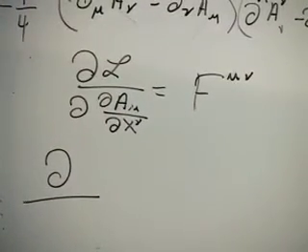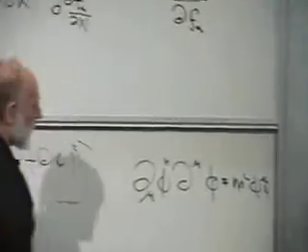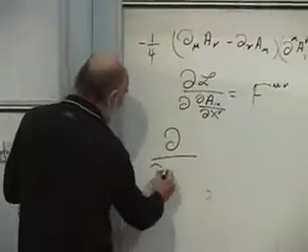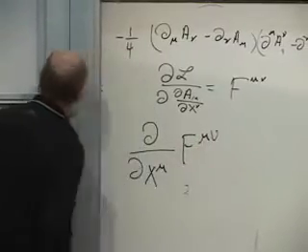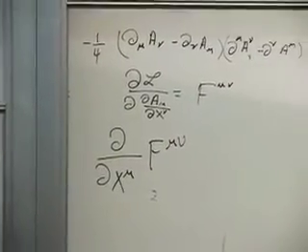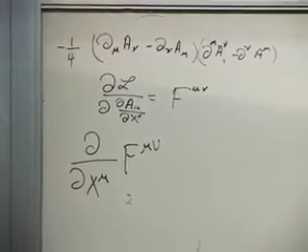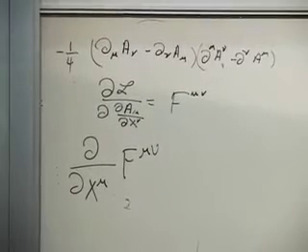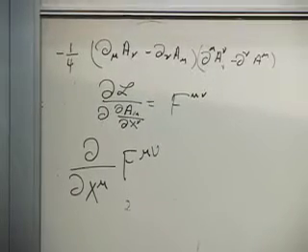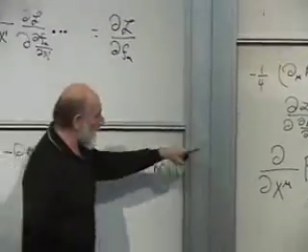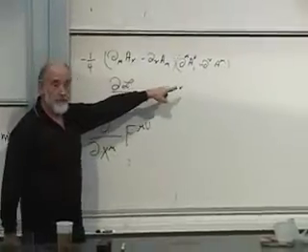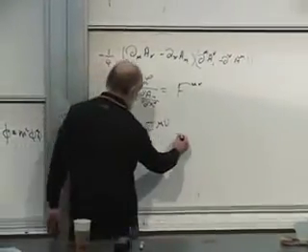Okay? So what's our equation of motion? Differentiate with respect to x mu, F mu nu. That's the left-hand side. But what's the right-hand side? It's just 0. The Lagrangian doesn't depend on the vector potential itself. So that's it.